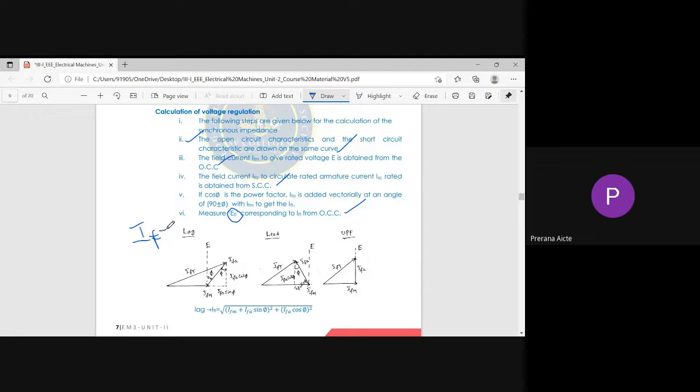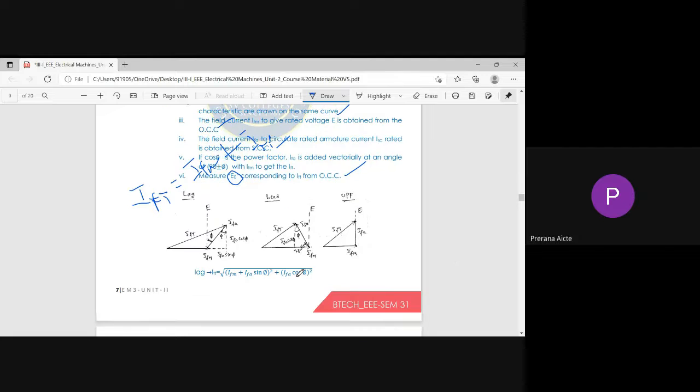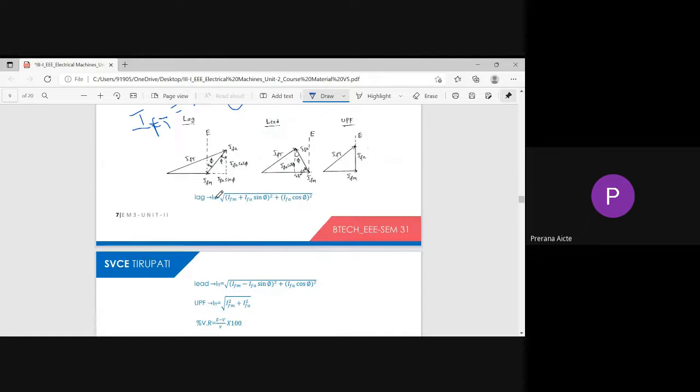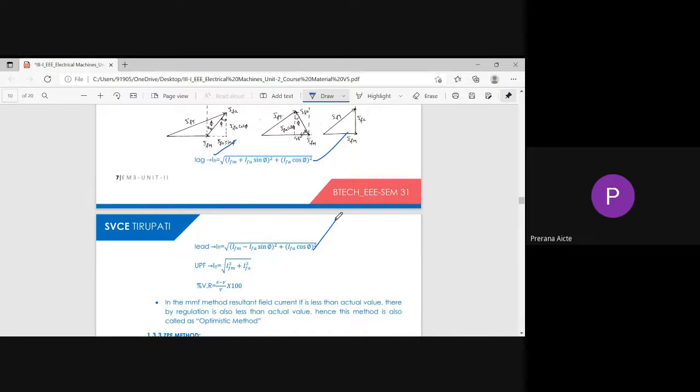What is the IFT current? IFT is nothing but the vector sum of IFA plus IFM. So for lagging, the IFT current is the square root of IFM plus IFA sin phi whole square plus IFA cos phi whole square. Similarly for leading, and similarly for unity power factor.